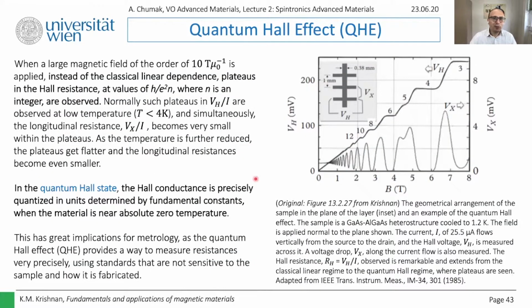Okay, very briefly, what is a quantum Hall effect? So imagine that you have your sample and you placed it at a huge field of around 10 Tesla and low temperature, for example, below 4 Kelvin.